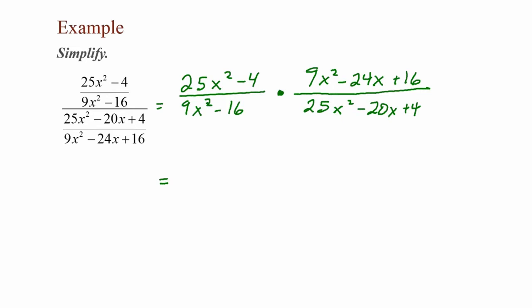25x squared minus 4 is the difference of two squares.